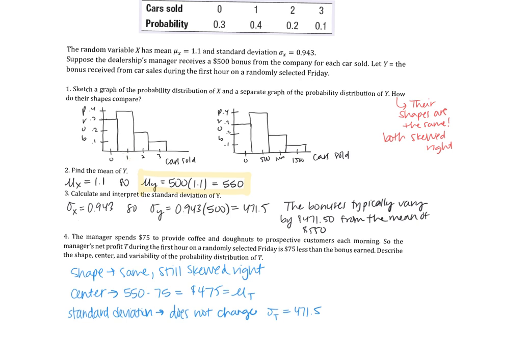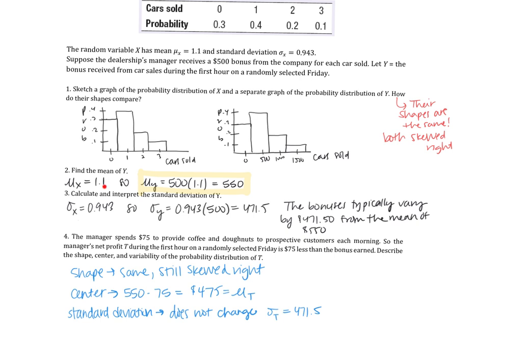One car times $500 is 500. 0 cars times 500 is 0. 2 times 500 is 1,000. So we're multiplying here. We saw above in our notes that when you multiply, the shape stays the same, and this proved that.